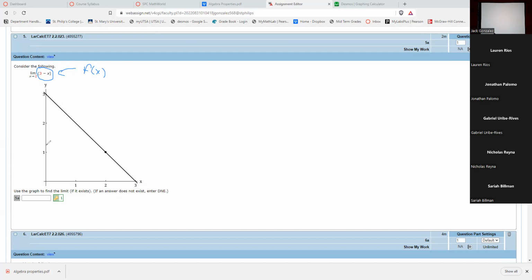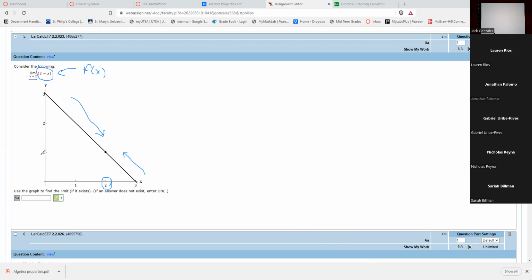Okay. So what is f of x doing as the x's get closer and closer to 2? Here's the 2. What is the function approaching from the right side, from the left side? What's happening to y? What's happening to the function? Is it getting closer to 1?